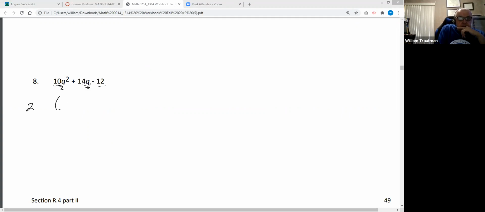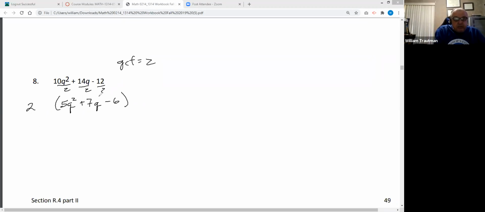If I divide each one by 2, I get 5Q squared plus 7Q minus 6. So don't forget, our GCF equals 2. That's going to be in our answer at the end.